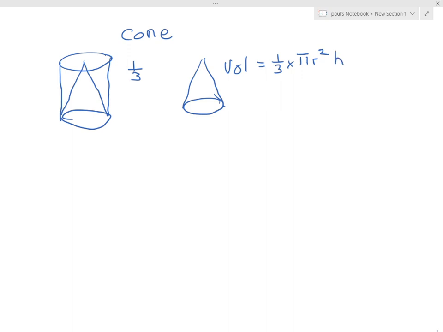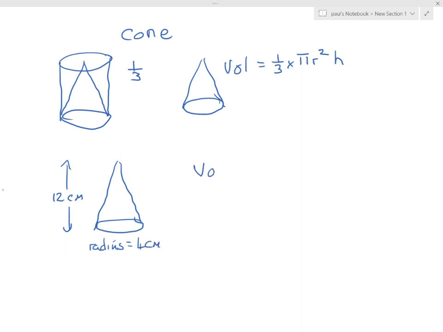So let's have a look at a cone calculation. These cones can be upside down as well, just to make life difficult. So we're going to say the height is 12 centimeters and the radius equals 4 centimeters.